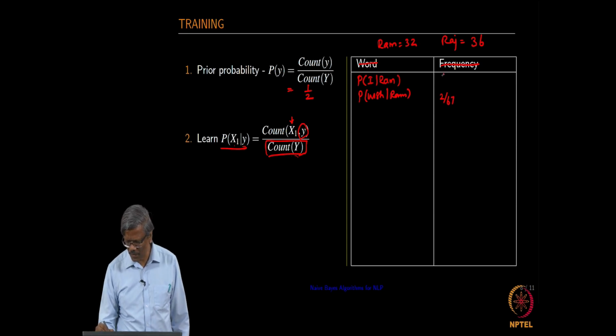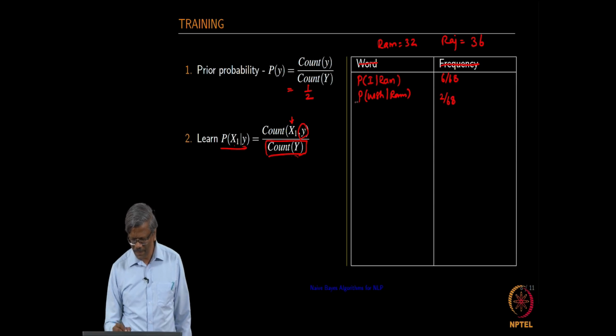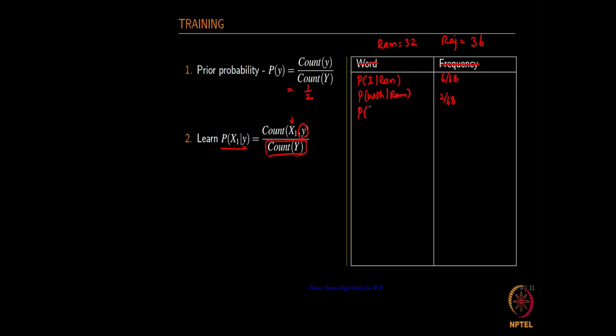Let me use a smaller, sorry, 68. And so on, right. So, you do this for Ram and then now do this for Raj.